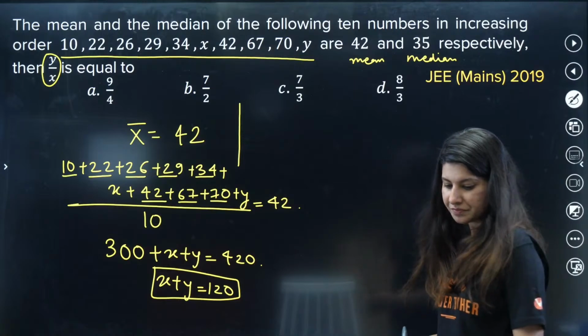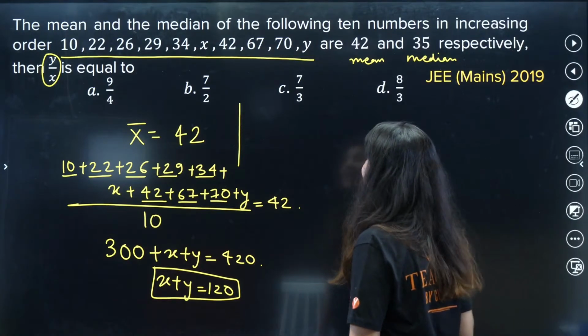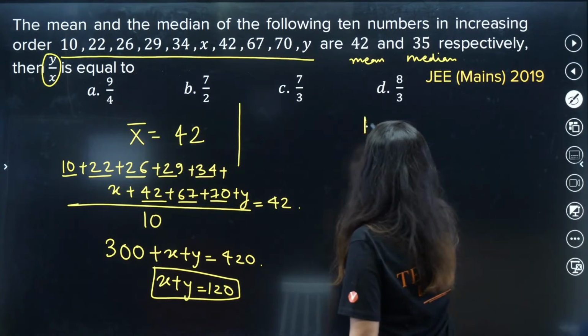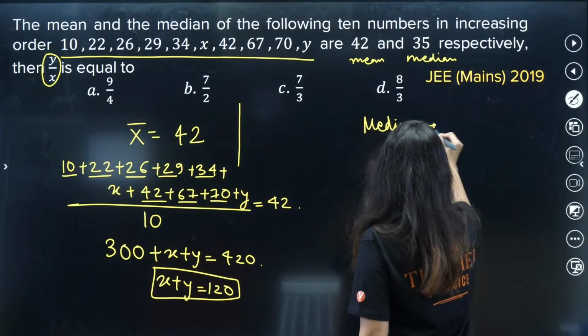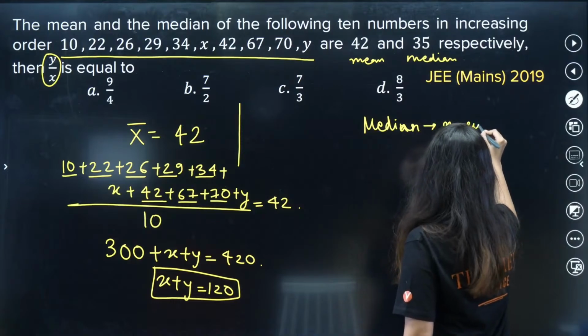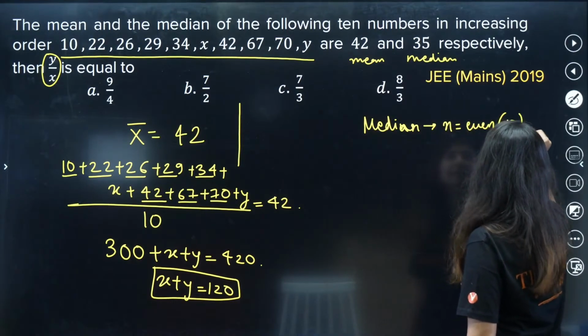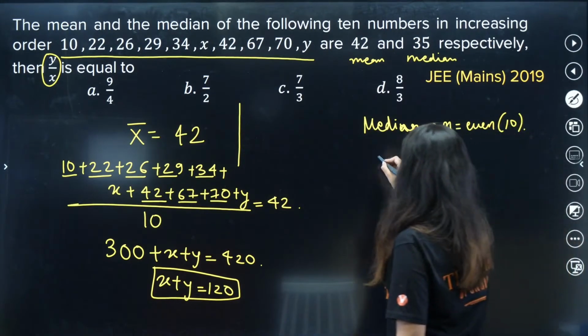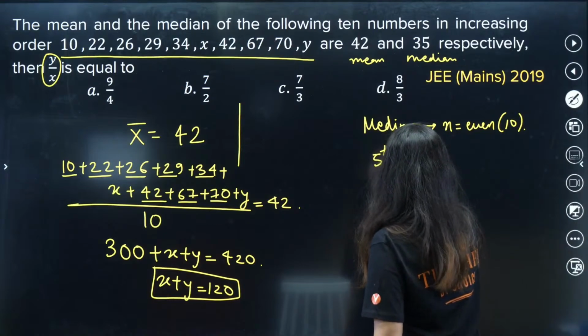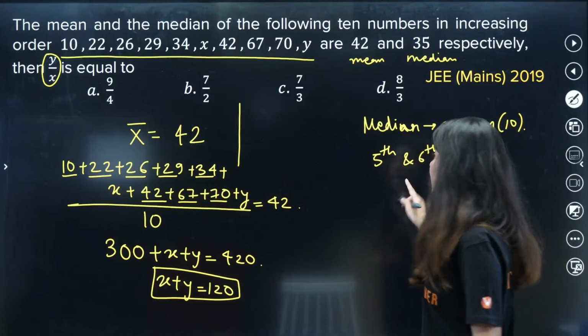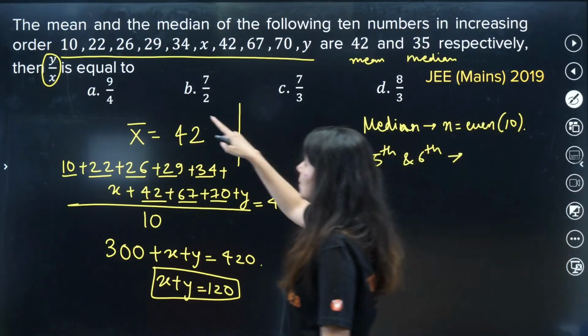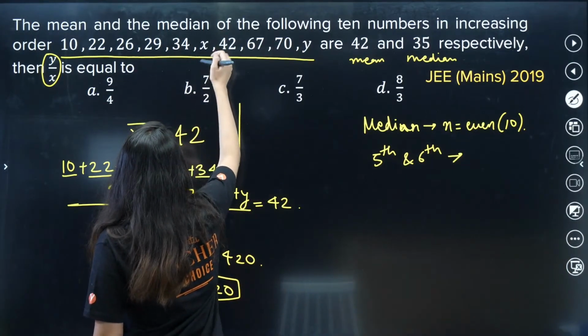Now what about the median? For the median, we know the number of observations n is even, 10 is an even number. So 10 by 2, that is, we have to take the mean of the 5th and 6th observation: 1, 2, 3, 4, 5, 6.